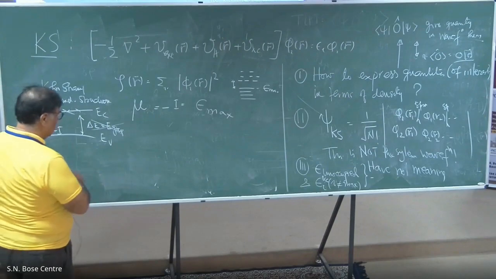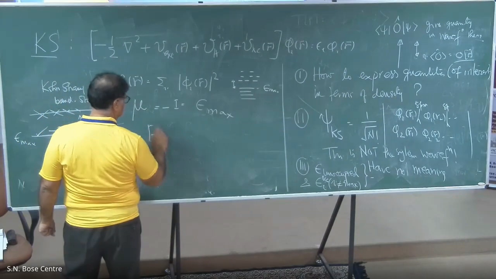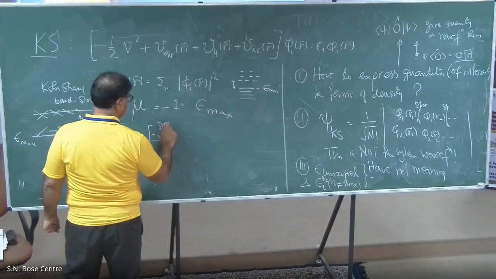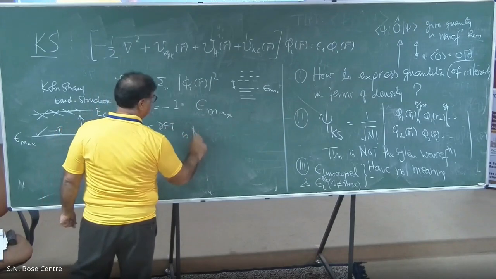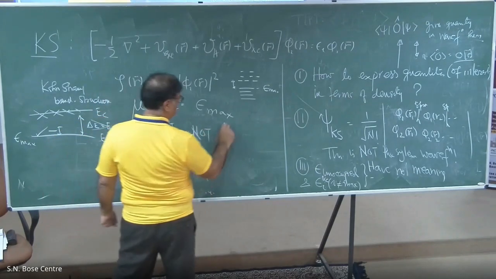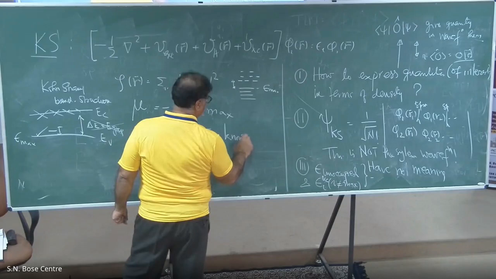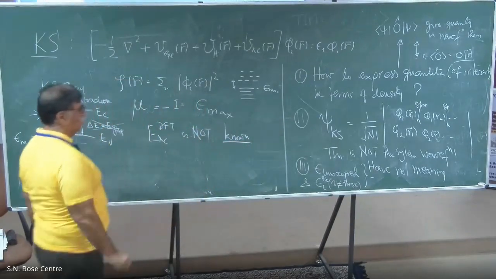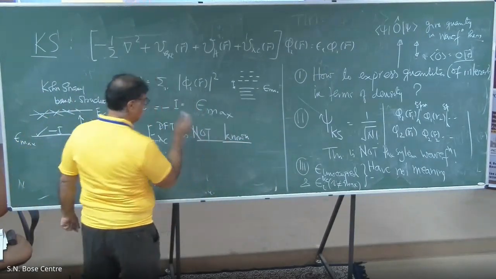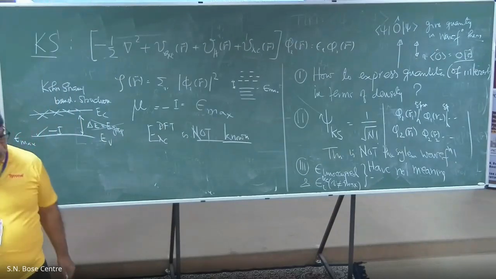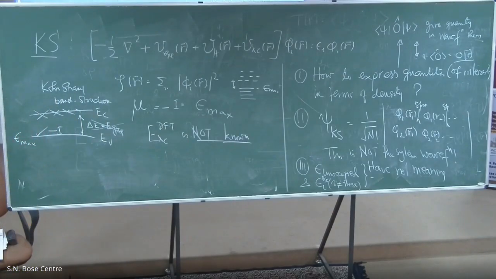Now, this is well known. And that's where the past 50 years of effort have gone. Talk about Van der Waals systems, strongly correlated systems, how we make the functional.